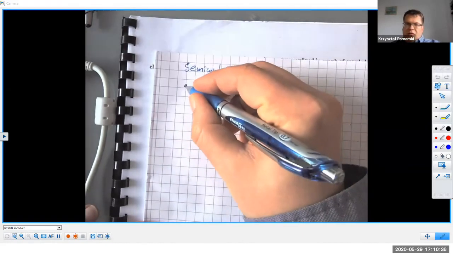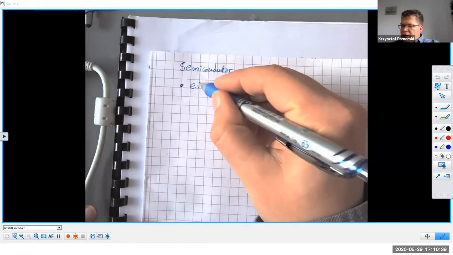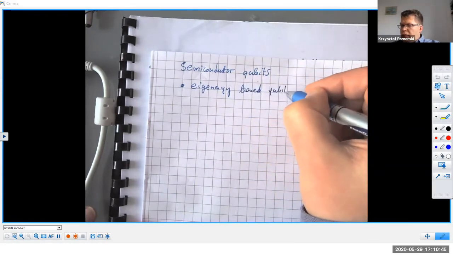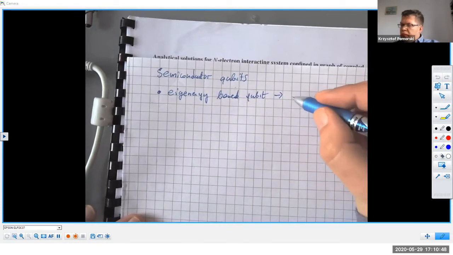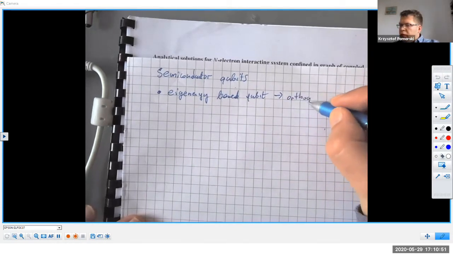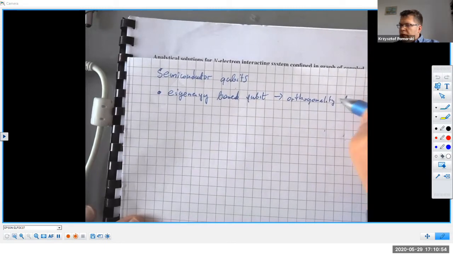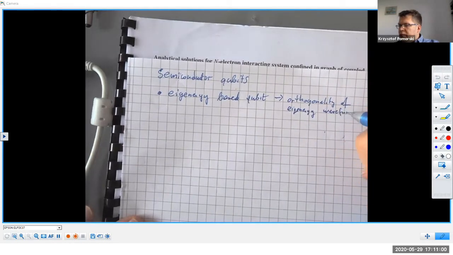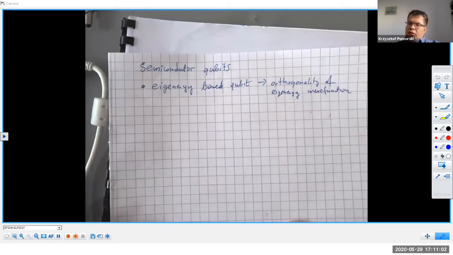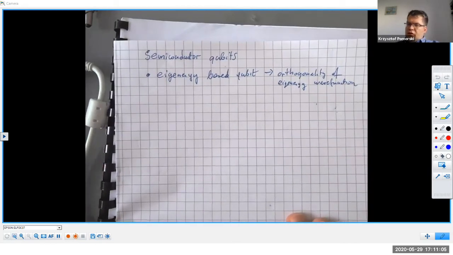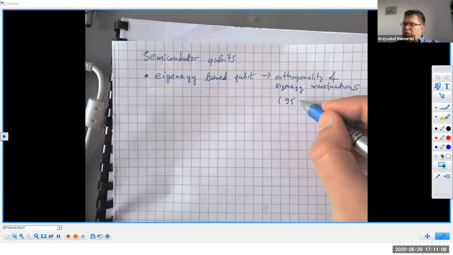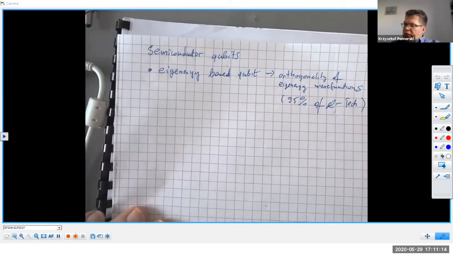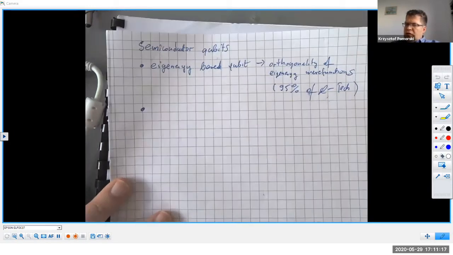I specified two categories: eigenenergy-based qubits, which use the orthogonality, more exactly the orthonormality, of eigenenergy wave functions. I would say 95% of quantum technology is associated with this solution.